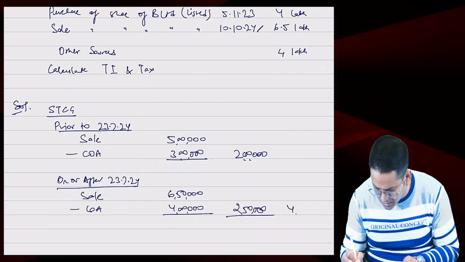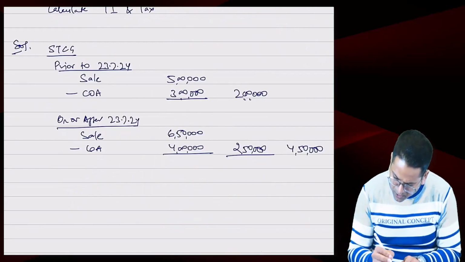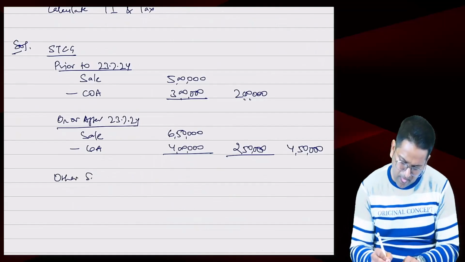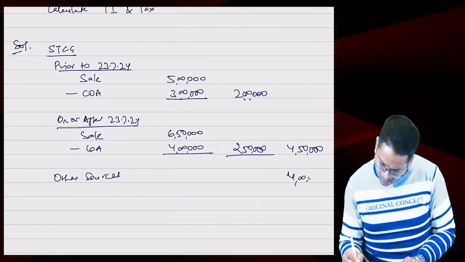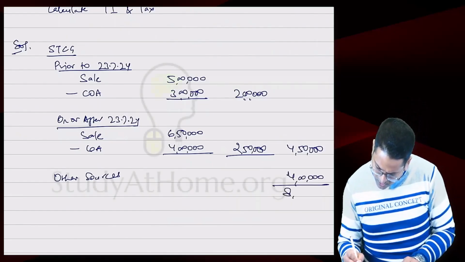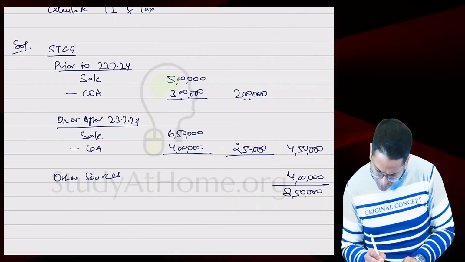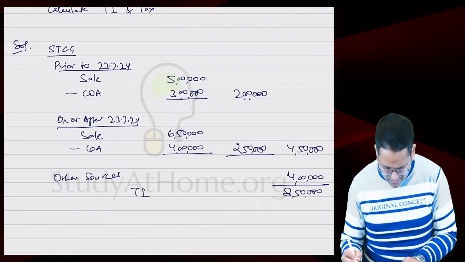This will be 4,50,000 rupees short-term capital gain. Now add other sources to this, 4 lakh rupees. In total, it became 8,50,000 rupees. This is gross total income, but without deductions, etc. I have directly written the total income here.